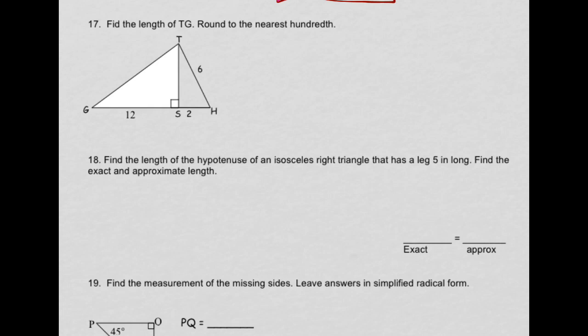Find the length of TG. Okay. And TG is this one right there. Round to the nearest hundredth. So we're not going to have any sort of radical signs in our answer when it says round to the nearest hundredth. We're probably going to have a decimal with 2 digits after the decimal point.